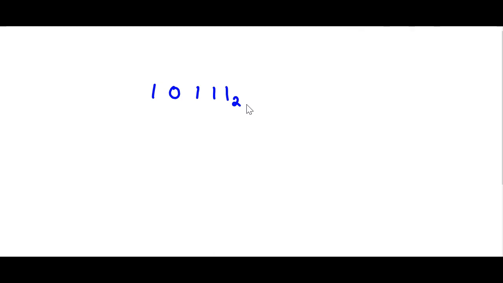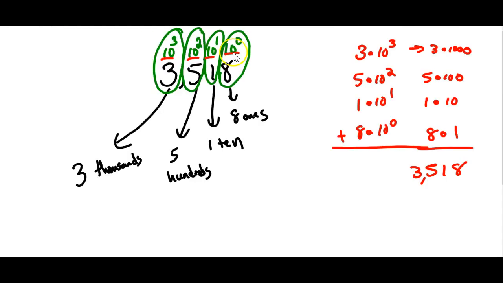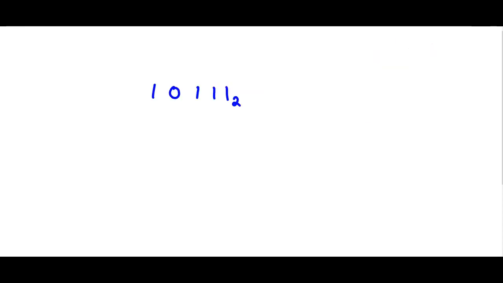So if that is base 2, how do we write it into our normal base 10 number system? Just like we did with the last one where we had 10 raised to a power, we're going to do the same thing, take our base and let 2 be raised to that power. So this place value right here is 2 raised to the 0. This is 2 raised to the 1, 2 squared, 2 cubed, and 2 to the 4th.